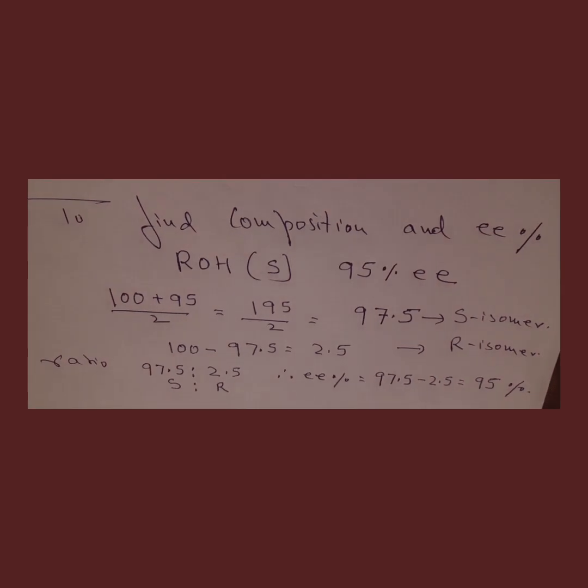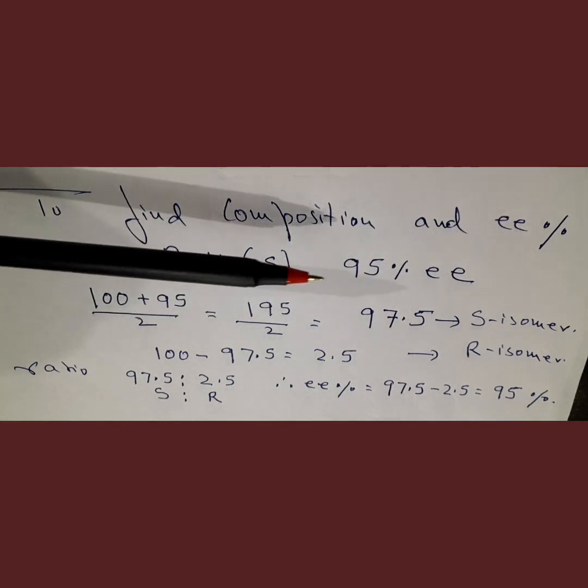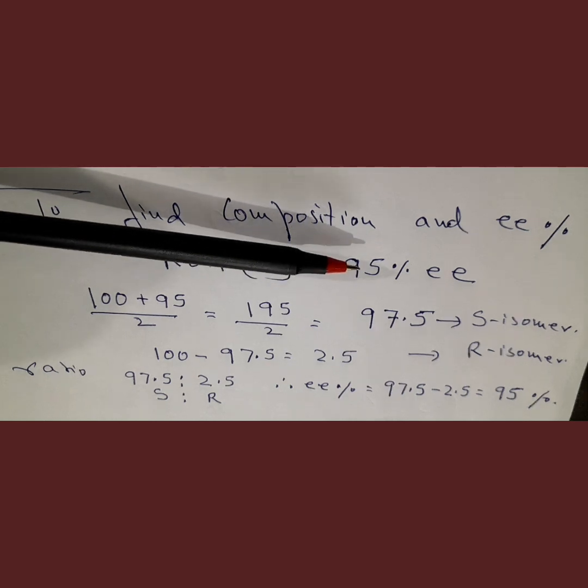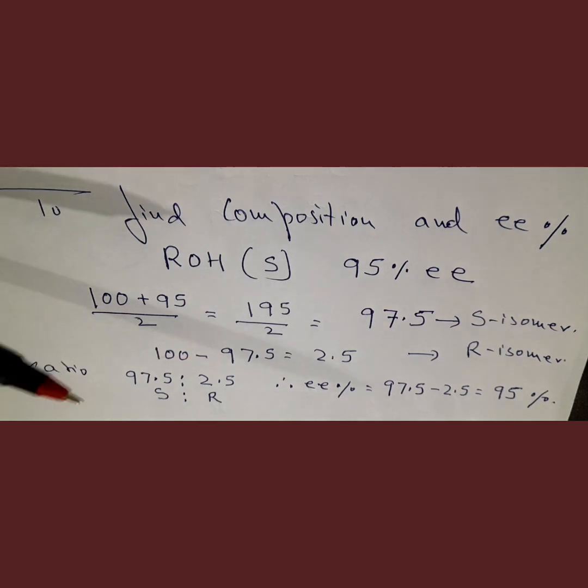Having understood the reason why we should carry on these reactions till 50% conversion, the next mission is to know the method to find composition and enantiomeric excess percentage. Now, if we say 95% EE, what does it actually mean?